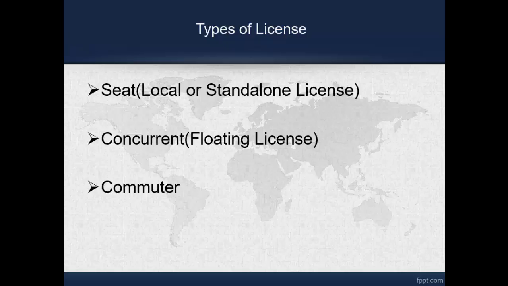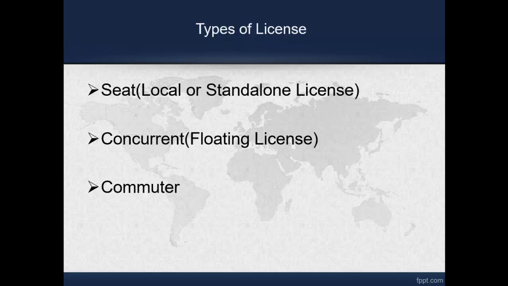The second one is the concurrent license, which can also be called a floating license. This license type requires a concurrent license server to be installed in your office or local network. Anybody in the local network can connect to this pool as long as at least a single license is available.